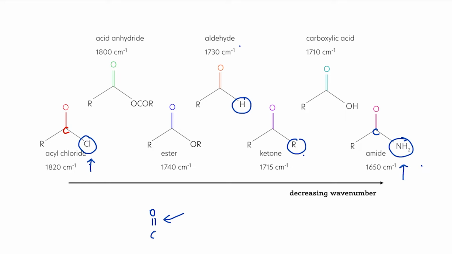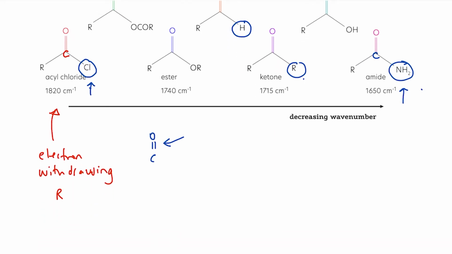What we know is that when we have electron withdrawing R groups, such as chlorine, then this increases the wave number. If we're increasing the wave number, we are increasing the energy or frequency of the radiation absorbed in order to make our carbonyl bond vibrate more strongly.